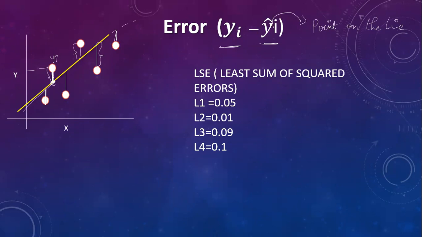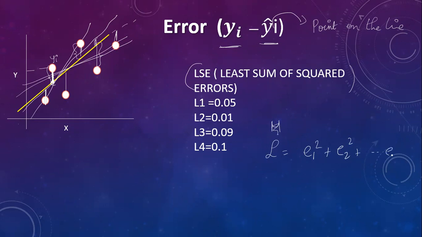Okay, I could draw a line this way so that the error is minimized here, but it will increase here. That way we can draw an infinite number of lines. But we have to find the best fit line. And for finding that best fit line, a method called LSE is used. LSE means least sum of squared errors. First of all, suppose L is equal to E1 square plus E2 square, and so on, up to En square.